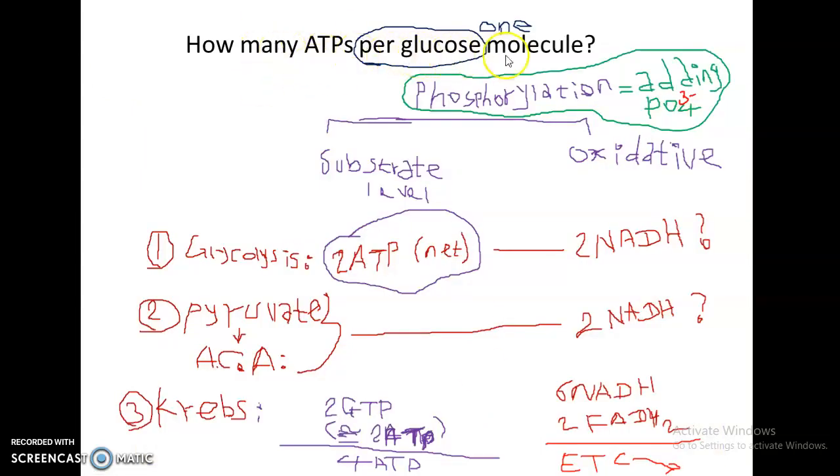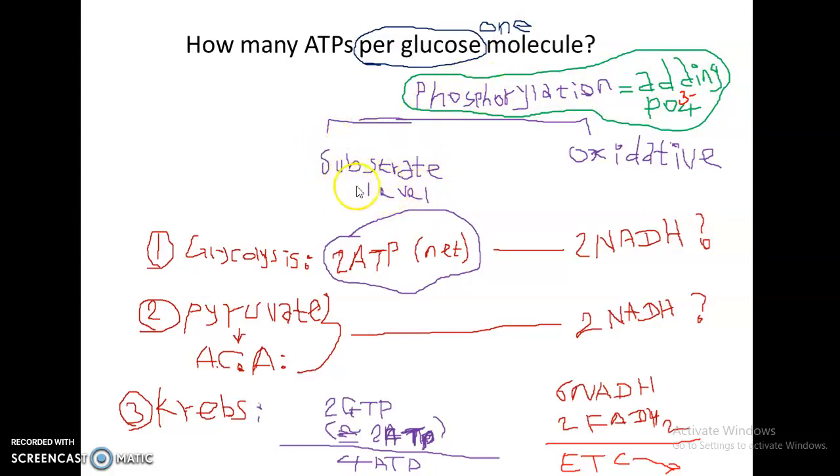So how many ATPs per glucose molecule? That means from one glucose molecule, how many ATPs can be made? There are two ways of phosphorylation. Phosphorylation means adding phosphate. The first is substrate level phosphorylation.